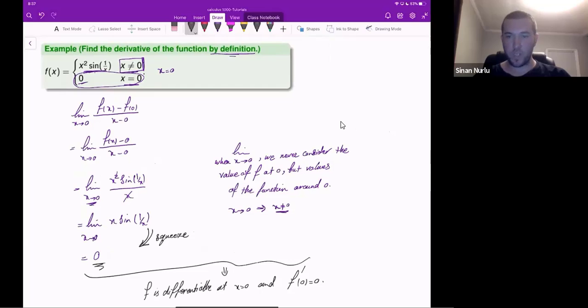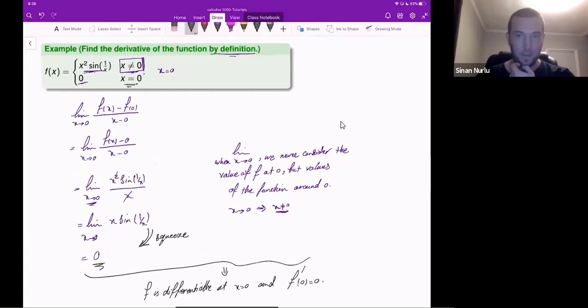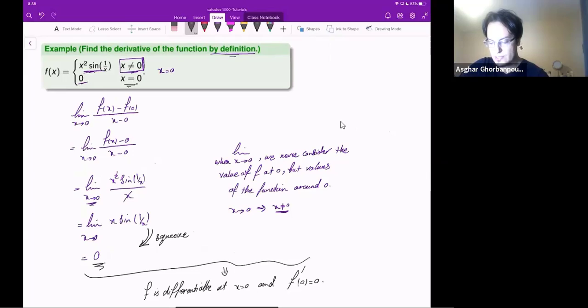Yeah, so someone just asked why we didn't use the other formula. Well, the other formula is only for when x is equal to 0. Oh, you mean the f of x plus h? I see. It will work out as well, because specifically when a is equal to 0, these two are going to be the same thing.